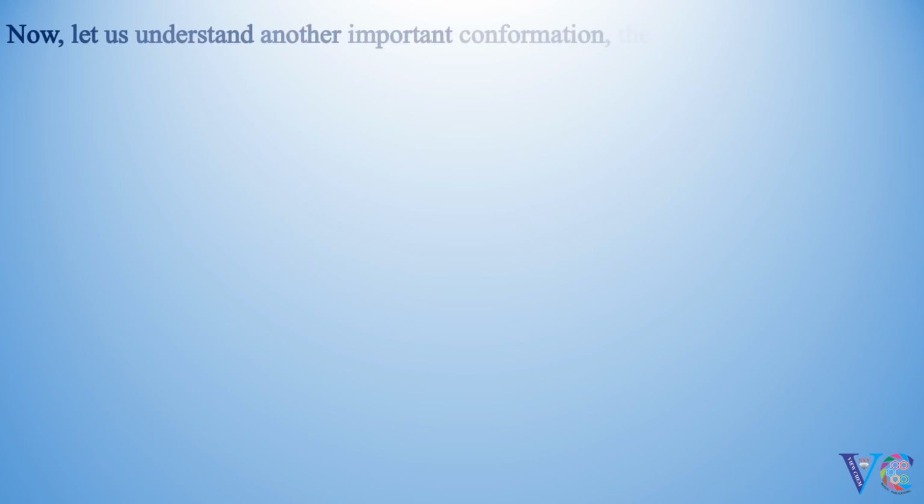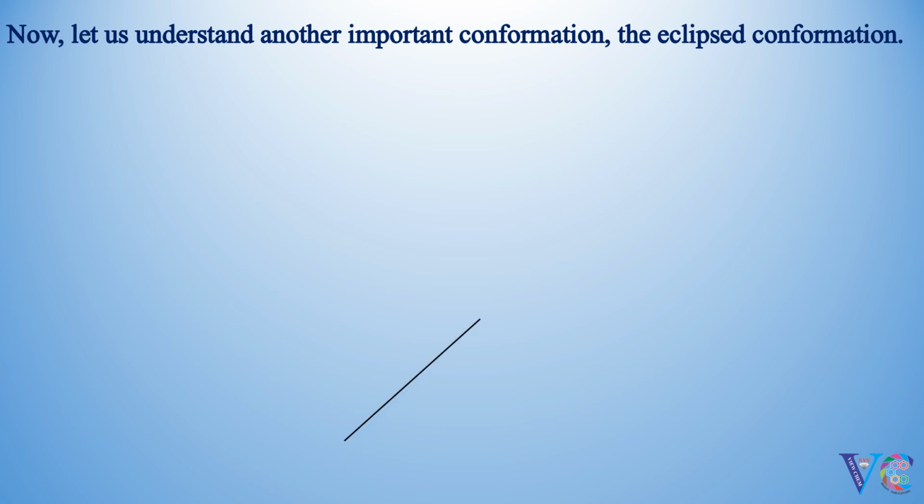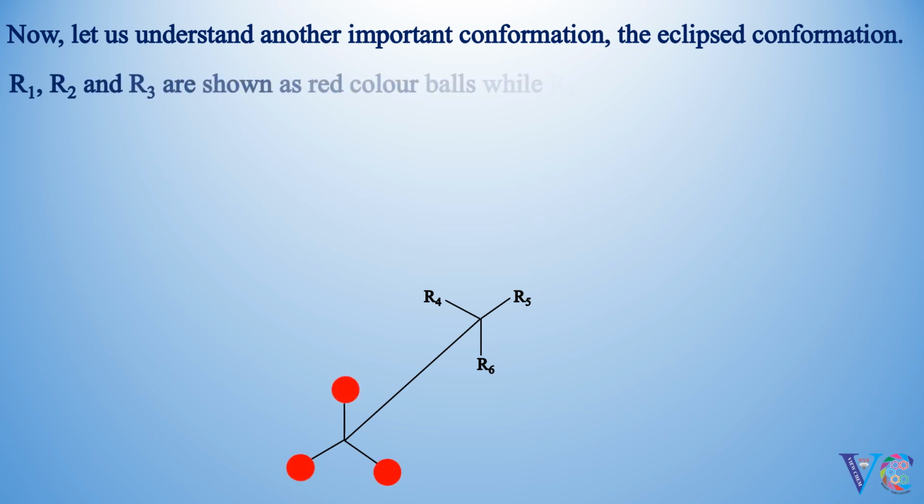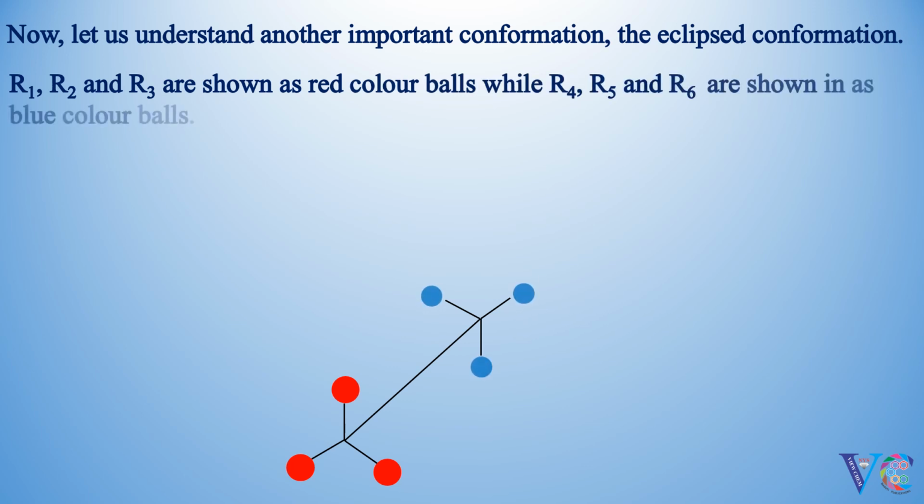Now, let us understand another important conformation, the Eclipse Conformation. R1, R2, and R3 are shown as red color balls, while R4, R5, and R6 are shown as blue color balls.